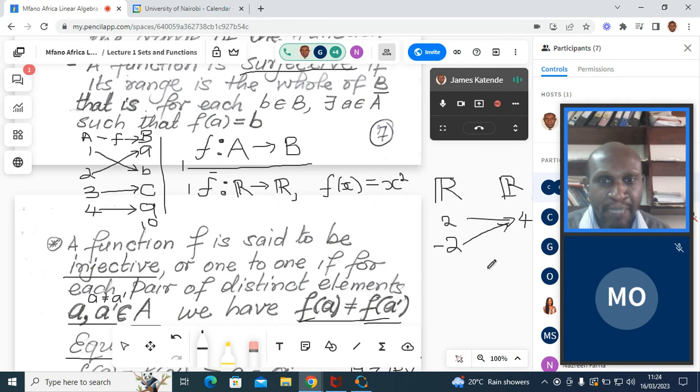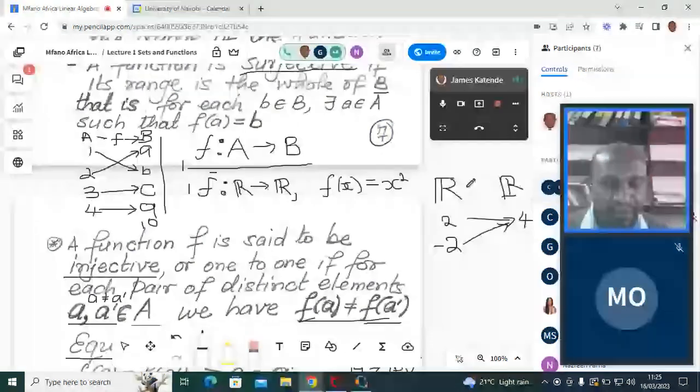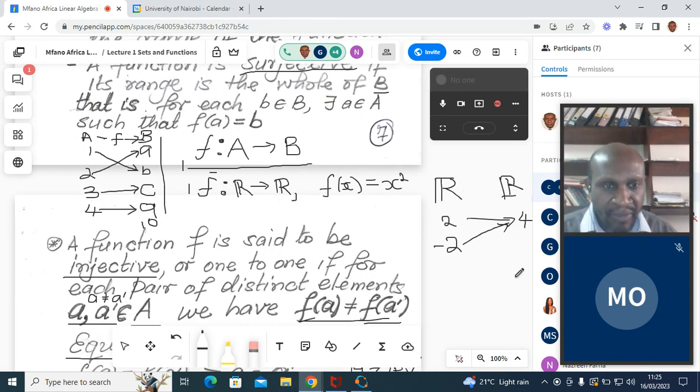So again, this is an example of a function that is not one-to-one, because you have two elements in the domain that are sent to the same element in the codomain. So this is not injective. Is it surjective? Let's find out. If you pick a number like -5 on this side, you need to be able to find a number on this side that is mapped onto -5. That would mean you must find a number which, when squared, will give you -5. But no such number exists on this side.